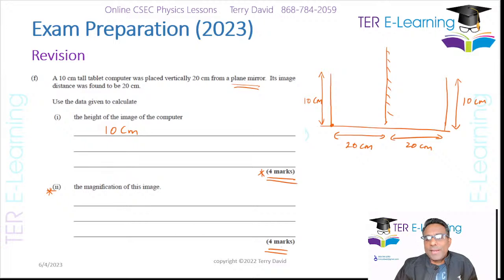If you all get this in the exam tomorrow, you'll be jumping for joy. So they want to know what the magnification is here. This is not my question, it is a CXC question.